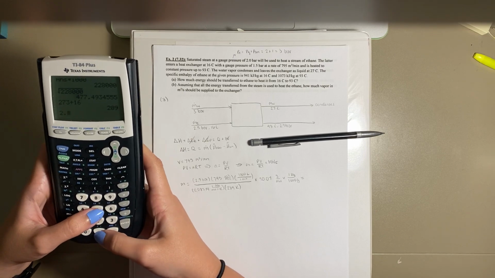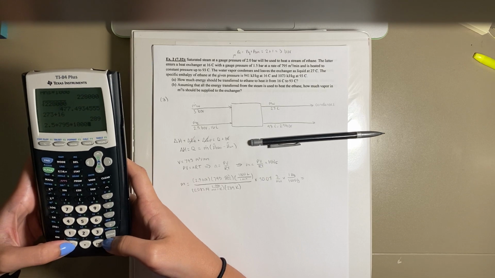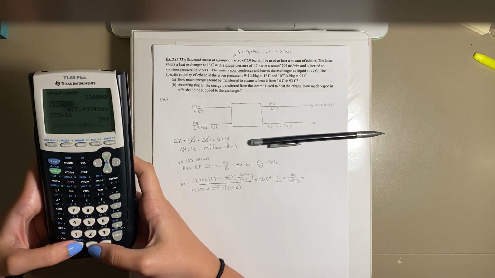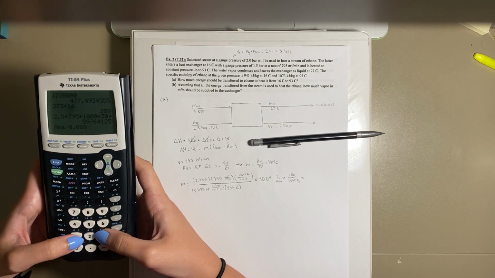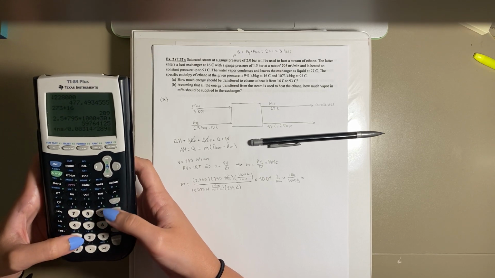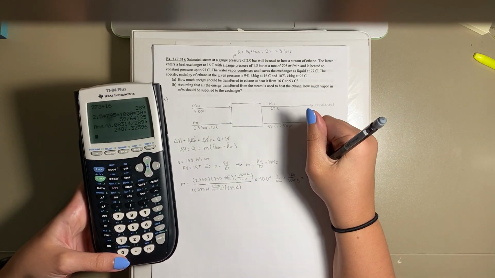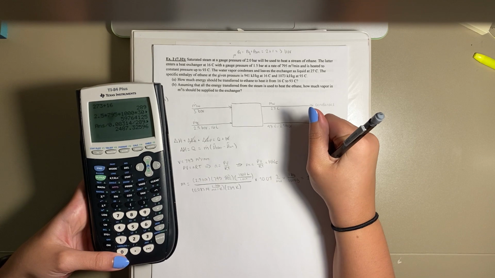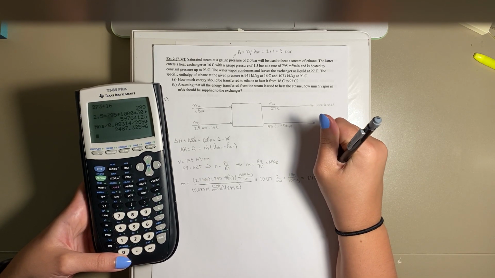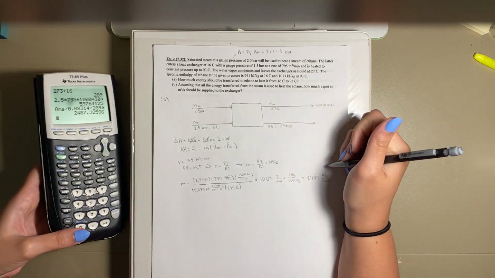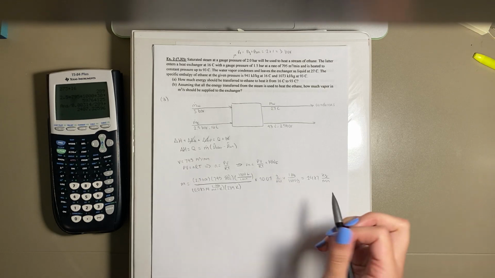And let's multiply all this out. So we end up getting 2,487 kilograms per minute. So now we know our mass flow rate.